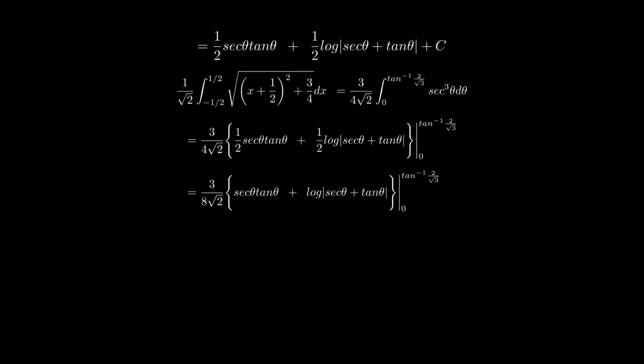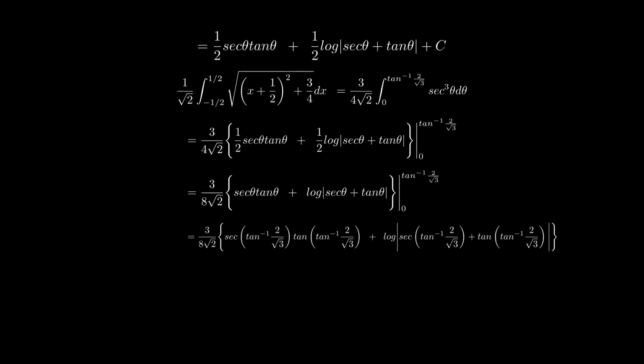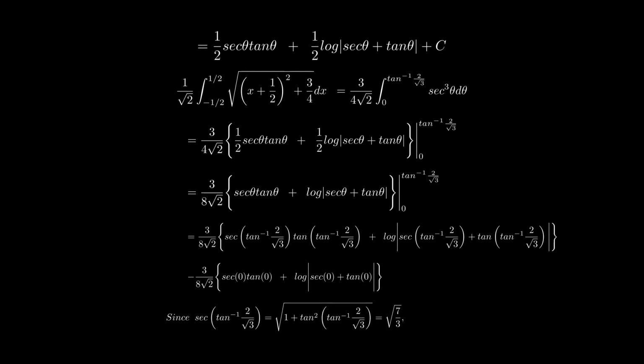Which is easy because when we pull the half outside, we get 3 over 8 root 2. And then we substitute in arctangent of 2 over root 3, and then also 0 as shown here. Now sec of arctangent of 2 over root 3 equals, as shown here, the square root of 7 over 3.